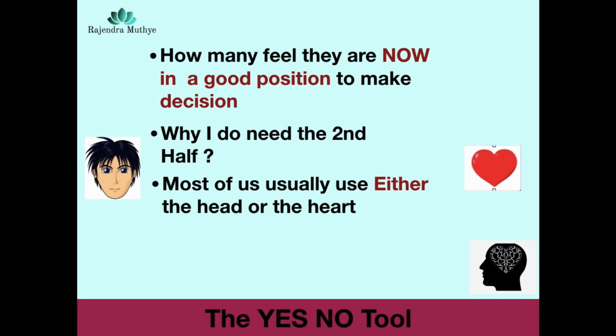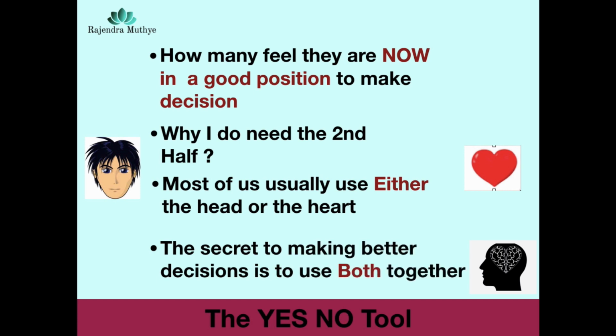Remember that in many of our decisions we either heavily bank on our head or we heavily bank on our heart. Write down all those decisions where you have heavily banked on your head or on your heart. The secret of this is to use both of them together.